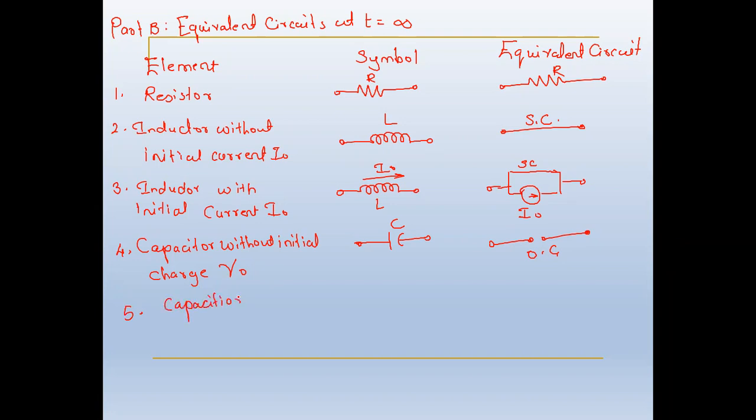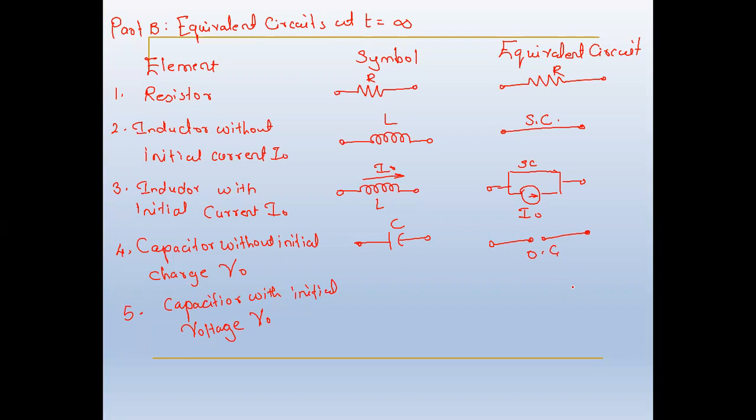Fifth one, capacitor with initial voltage V0. If the capacitor is initially charged to a voltage, then it is represented by the voltage source V0 with an open circuit.